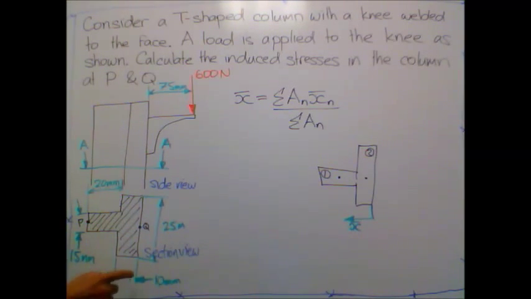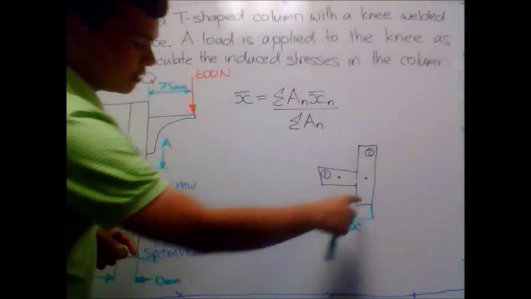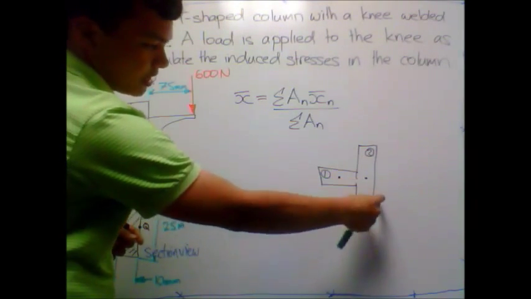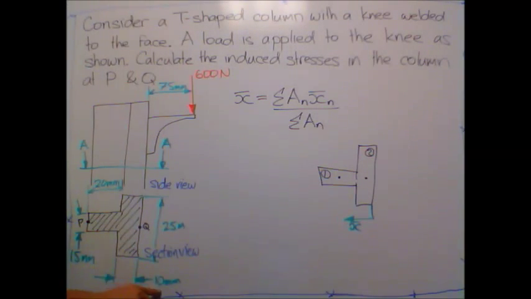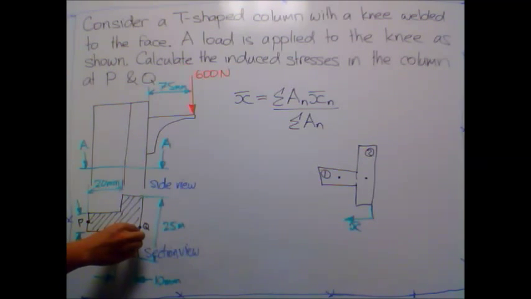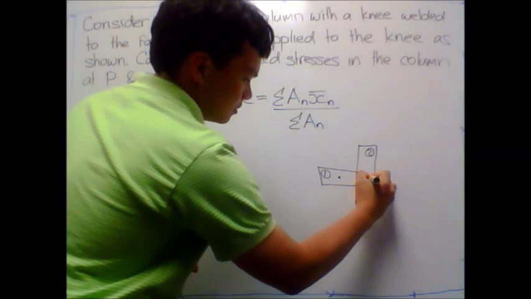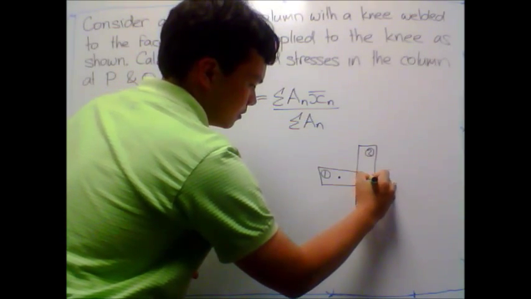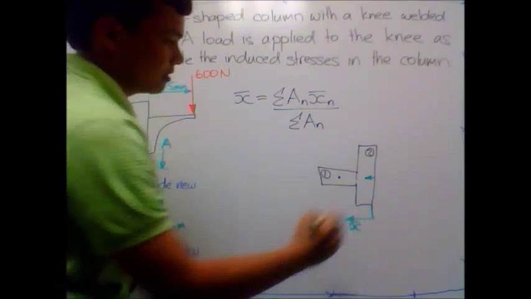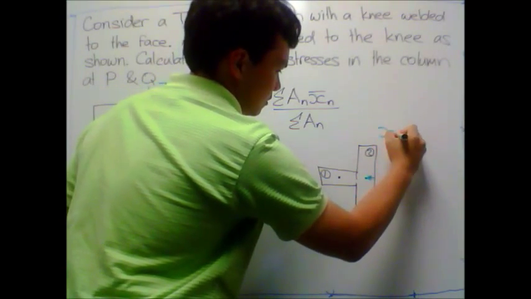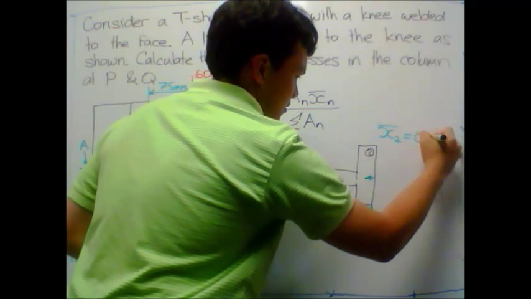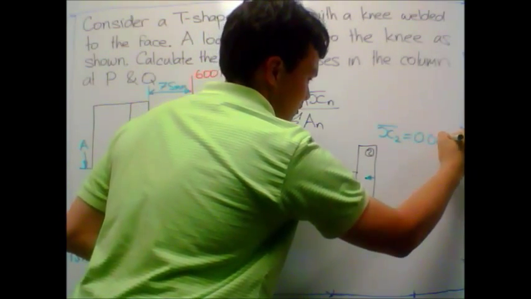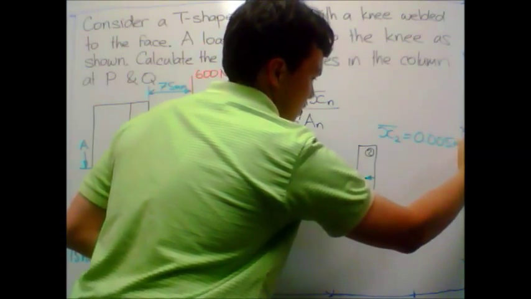The distance to the centroid of the second shape from that axis will be my value of 10 millimeters divided by 2, so it's halfway. So my value of x bar 2 is equal to 0.005 meters.